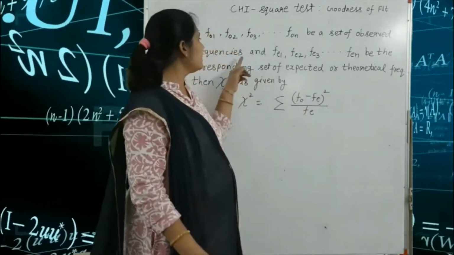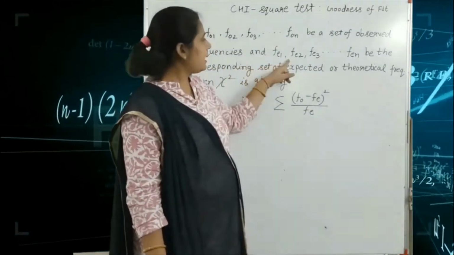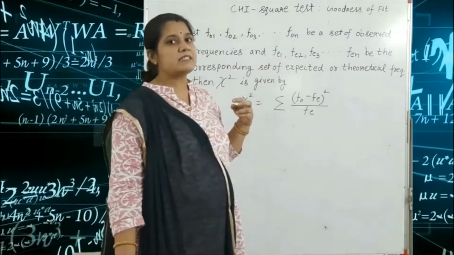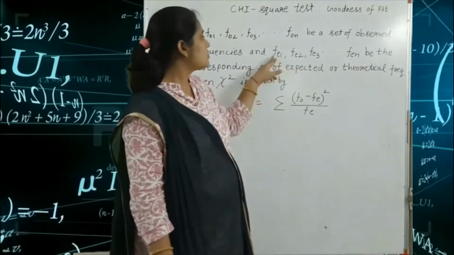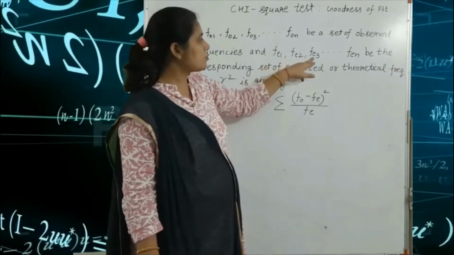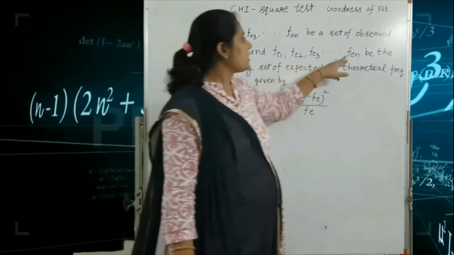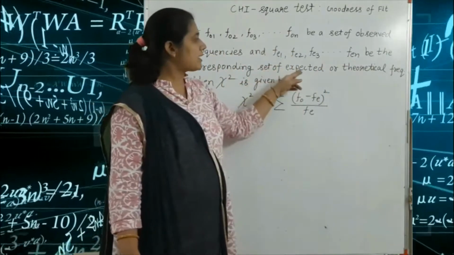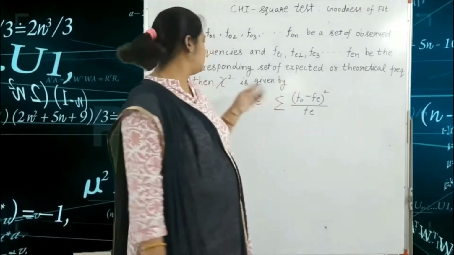Here FE1, FE2, FE3, we write E because that is the expected frequency. So FE1, FE2, FE3 up to FEn be the corresponding set of expected or theoretical frequencies.